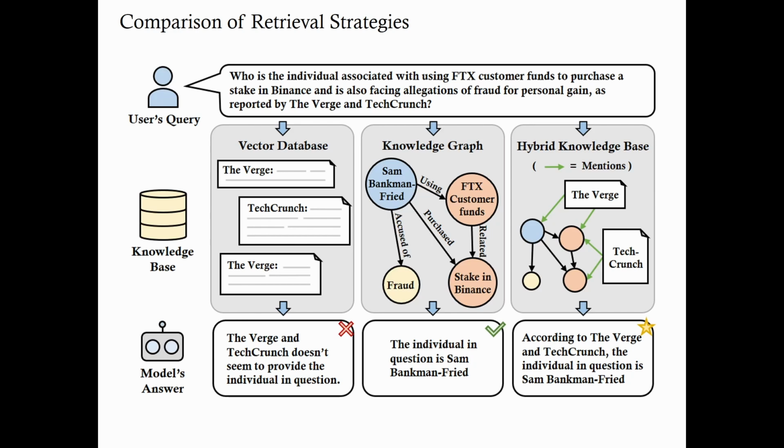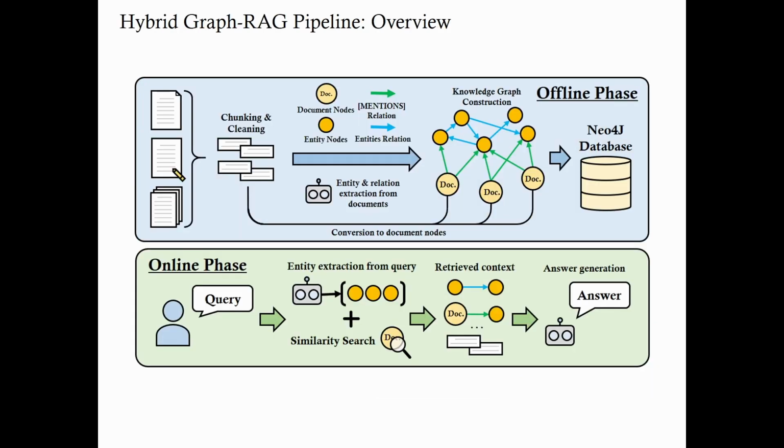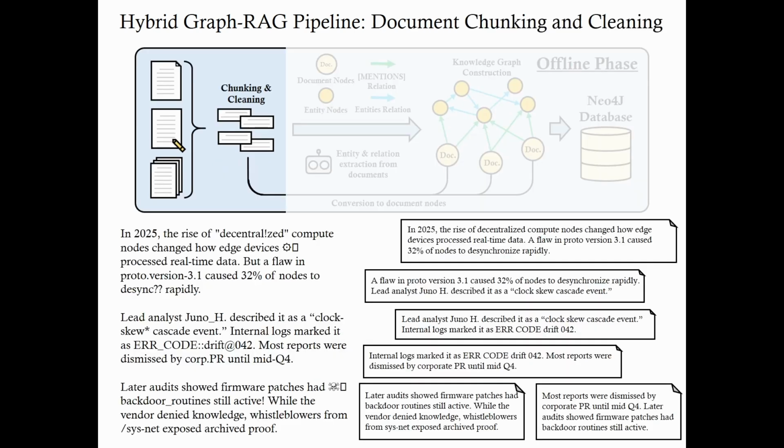To verify this idea, we propose a hybrid graph RAG pipeline with an offline phase and an online phase. Here on the illustration you can see a demonstration of both phases. Now we will go over the offline phase first, which starts with chunking and cleaning of documents.